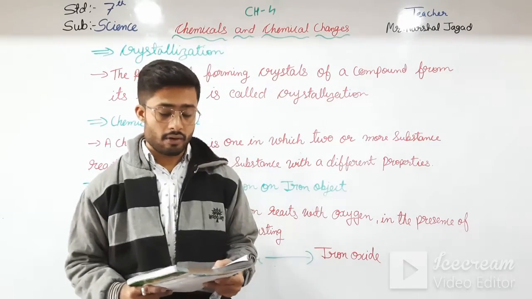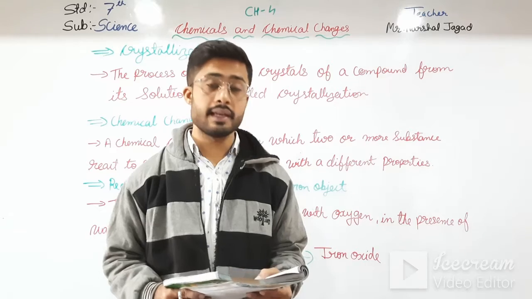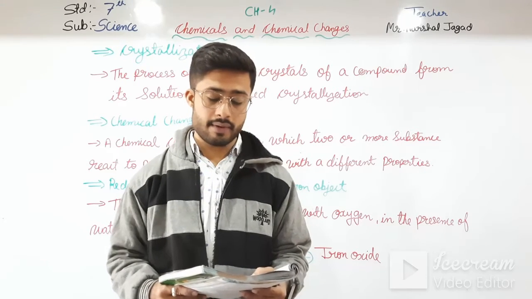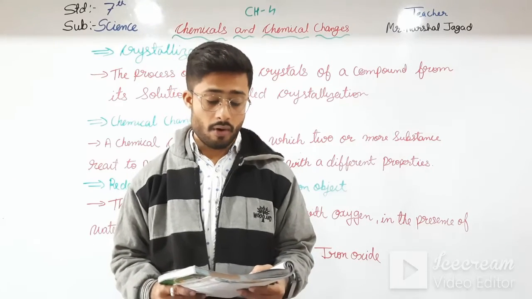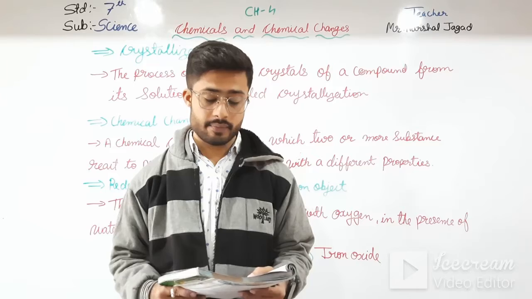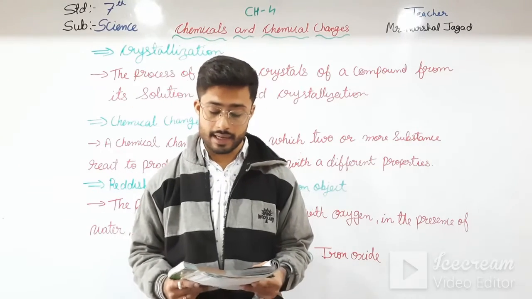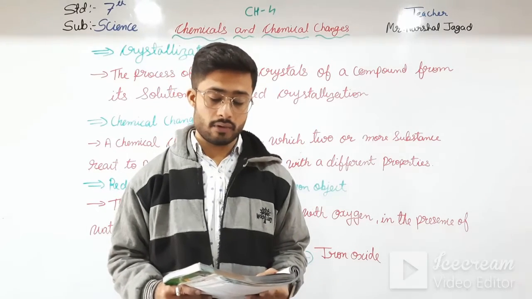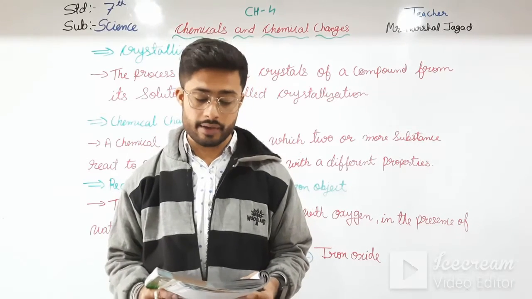Thus, in order to protect iron objects from eroding, rusting must be prevented. The process of rusting can be prevented by cutting off either oxygen or water or both. Oiling or greasing iron objects prevents the outer surface from coming in contact with moisture and air, thus preventing rusting. Sometimes paint is also applied over iron objects to prevent contact with moisture and air.